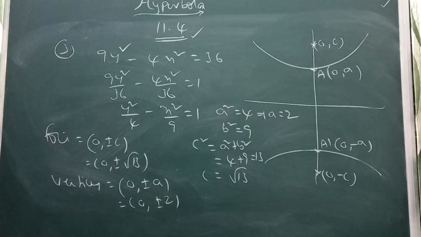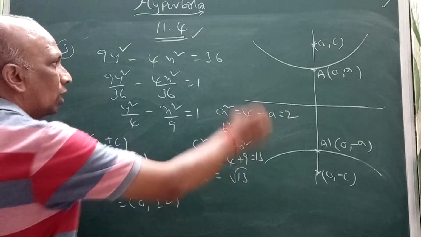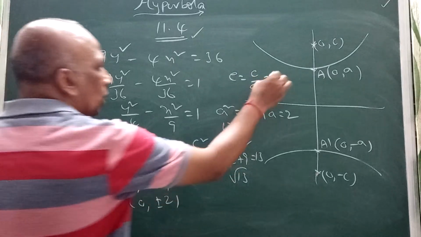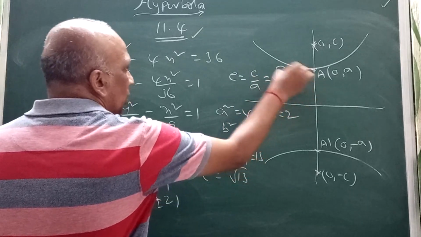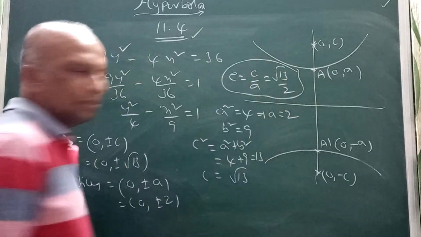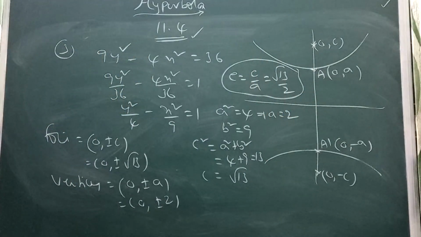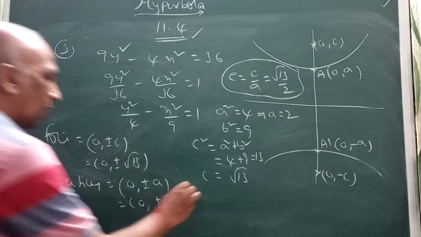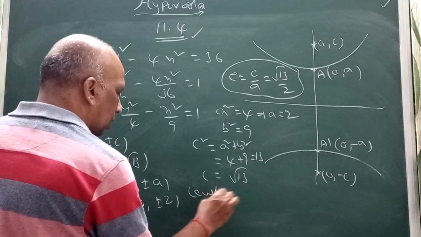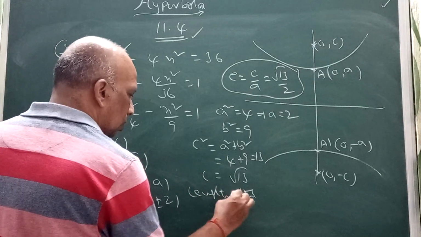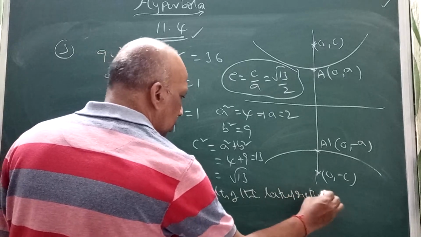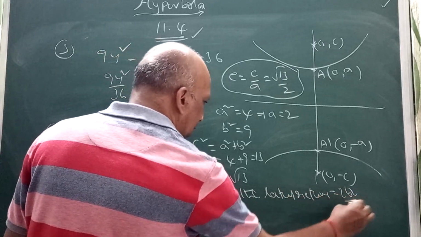Eccentricity equals c by a, root 13 by 2. Next they are asking the length of the latus rectum, which is 2b square by a.